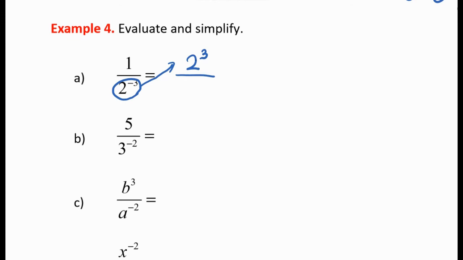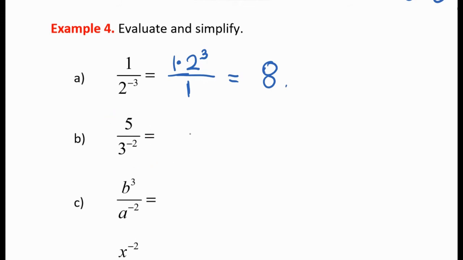And this one does not have a negative exponent, so you do not move it down. So it will be just 1 times 2 to the power of 3. This one just stays there. And since you move this over to the top, you should have 1 over here. So the answer will be 2 cubed, which is 8.